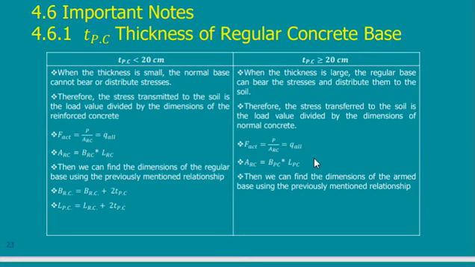The main difference is that when you have the column load and you divide it by the allowable bearing capacity of soil, you get an area. In case you have thick plain concrete that is working with you, the calculated area will be the area of the thick plain concrete.